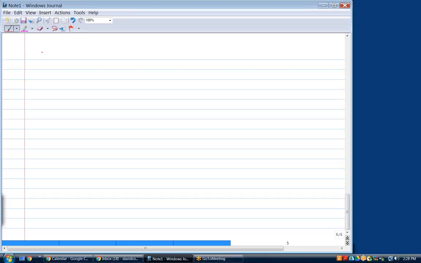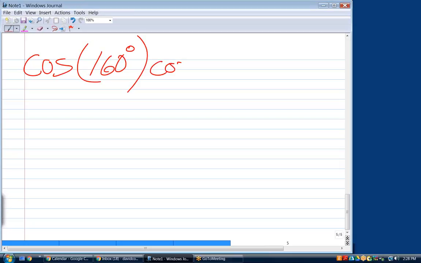I think, how about cosine 160 degrees times cosine 40 degrees plus sine 160 times sine 40. Okay, so this one, they're kind of giving it to you in an odd way.